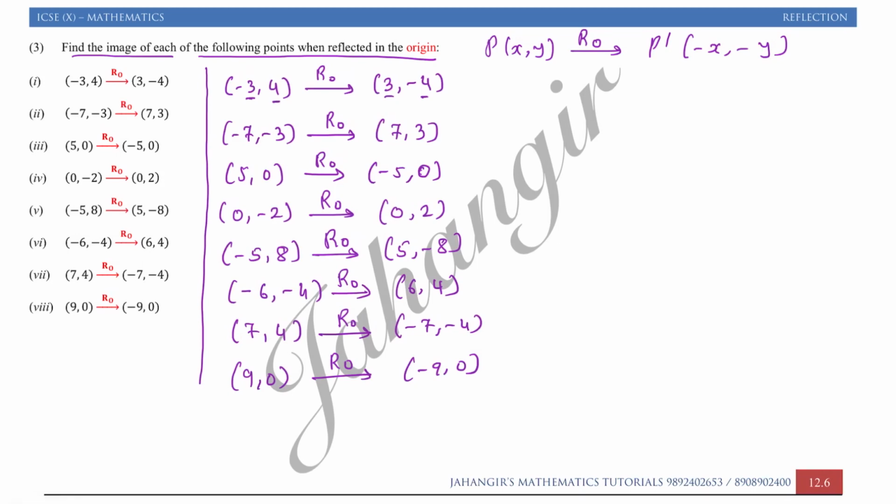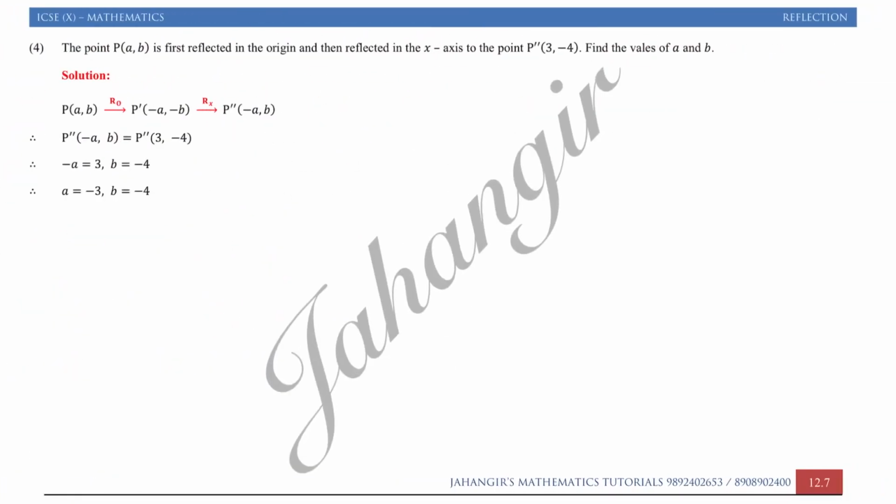This was the first three basic questions. Question number 4. The point P (a, b) is first reflected in the origin. So let us reflect P (a, b) in the origin. You will get P dash, which can be written as (minus a, minus b).